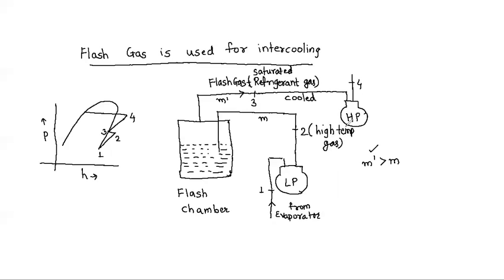This happens especially when you are using a refrigerant which has a lower latent heat, let us say like R12. If you are using R12 and there is more flash gas, then M dash would be much greater than M. What is the gain we get because of intercooling?